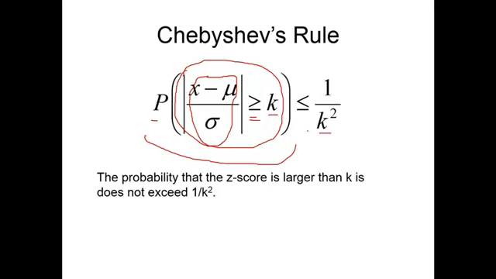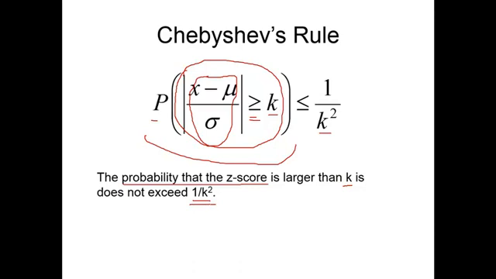Think about the television show Star Trek, where Captain Picard says you can go this far, but you can't go any farther. That's the number k, and only 1 over k squared of the data can get farther than k. So the probability that the z-score is larger than k cannot exceed 1 over k squared.